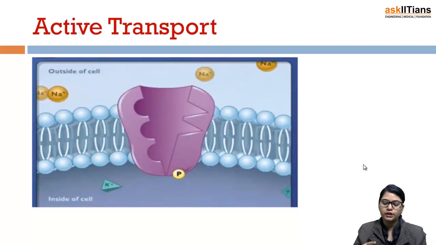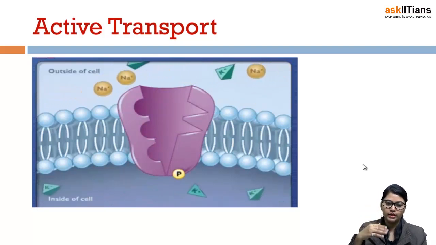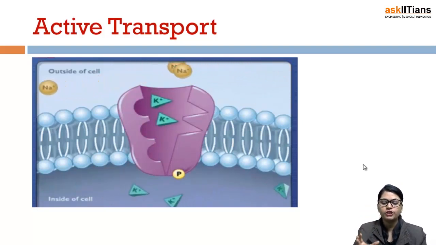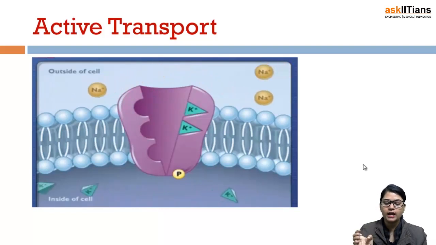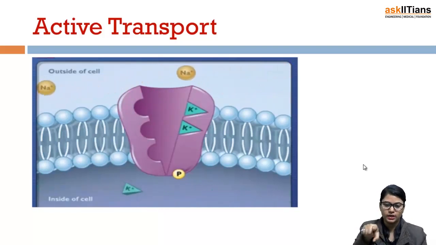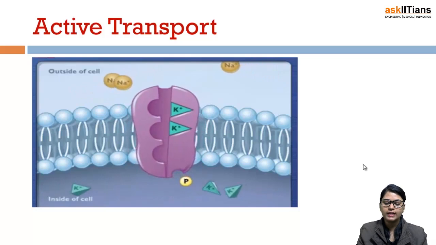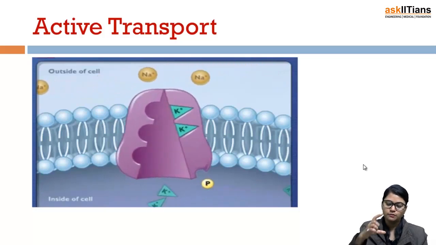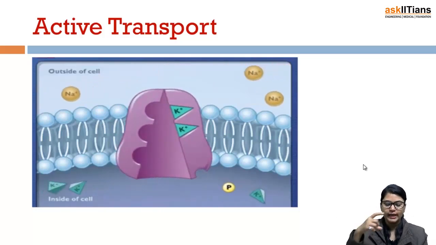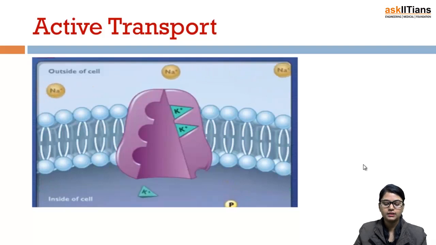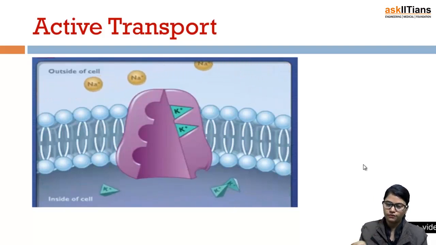The sodium ions are released on the other side of the membrane, outside of the cell, and the new shape of the channel has a high affinity for potassium ions. You can see here, two of these ions now bind to the channel. This binding again causes a change in the shape of the protein channel, and this conformational change releases the phosphate.